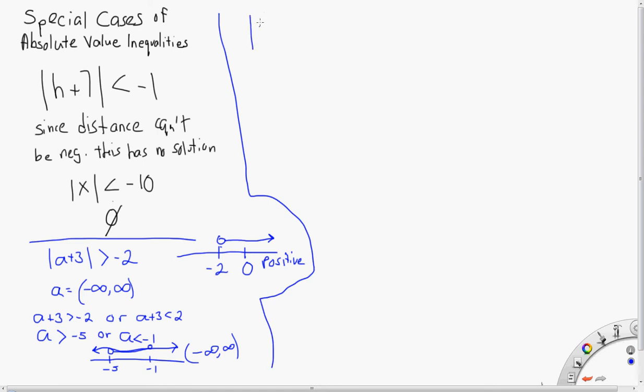What about the absolute value of b plus 7 is less than or equal to 0? So I've got this equal part of this less than or equal. So granted, absolute values can't be negative, but they can be 0. So this is the same as b plus 7 equals 0. b equals negative 7.